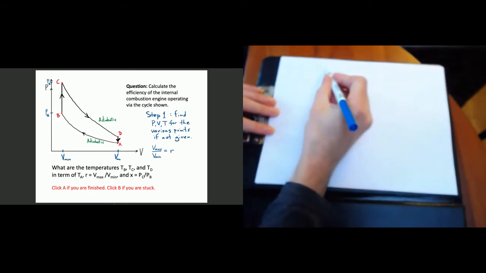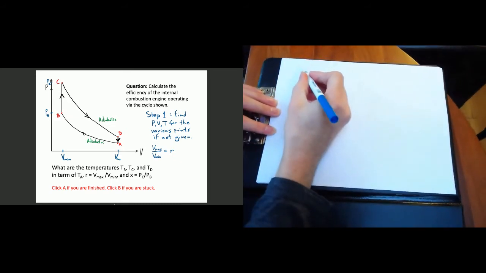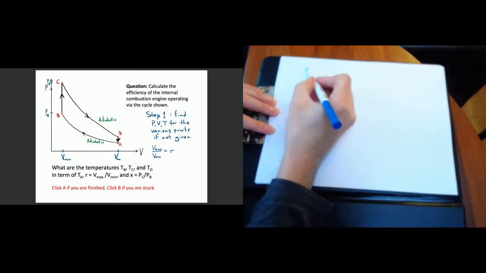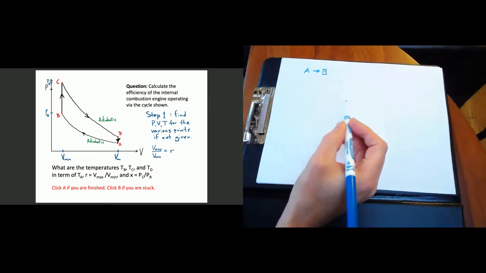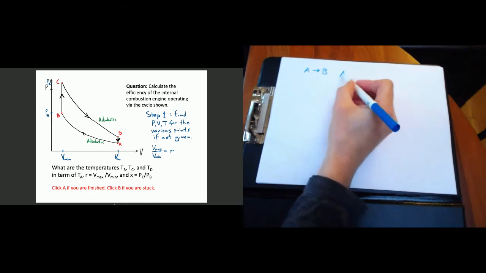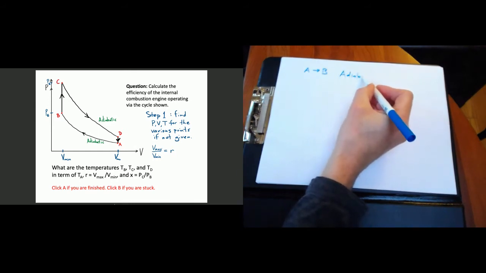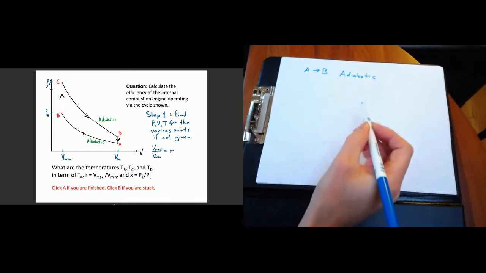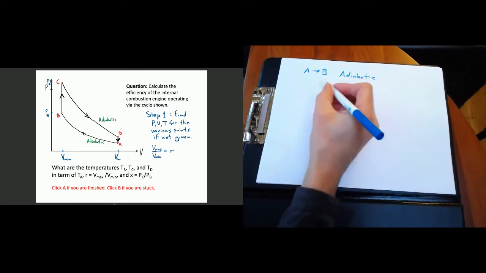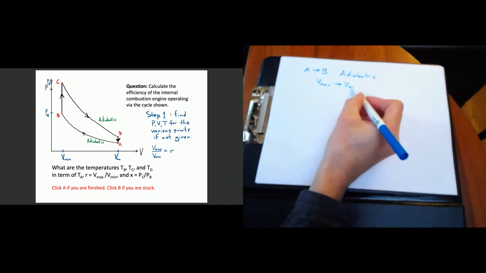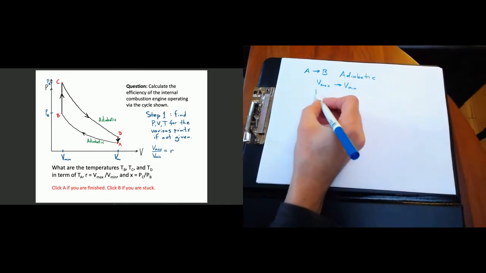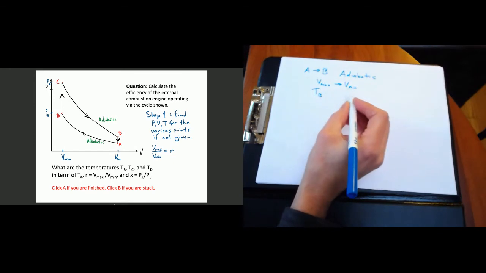So let's start by looking at the process A to B. The process A to B is adiabatic. And we go from V max to a volume V min, and we want to find this temperature.